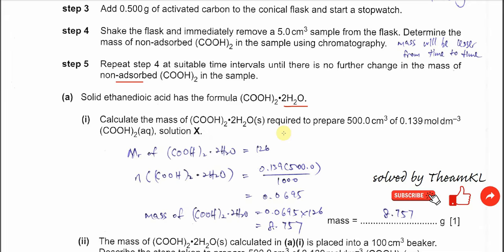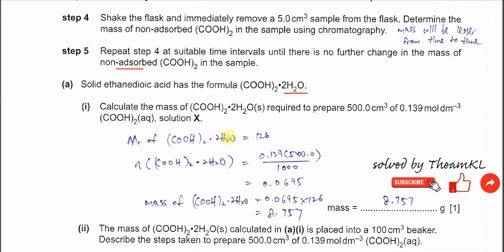Of course, you need to get the molar mass of this ethane dioic acid first, which is 126 g/mol, and after that, you need to calculate the mole of the acid solution.